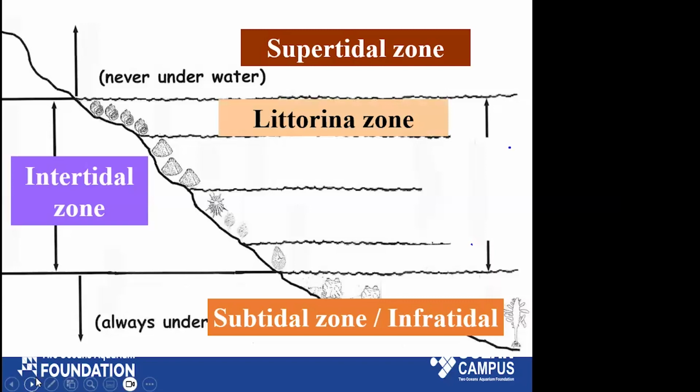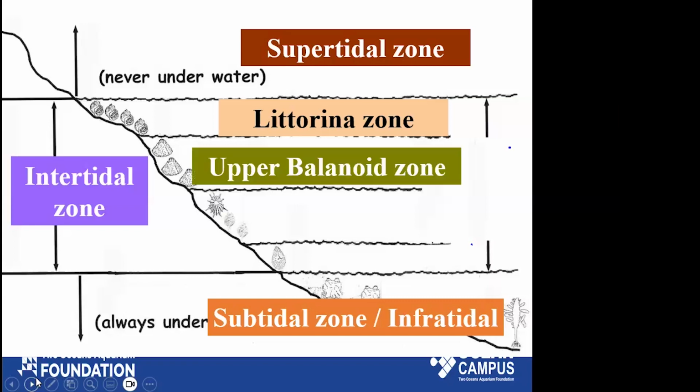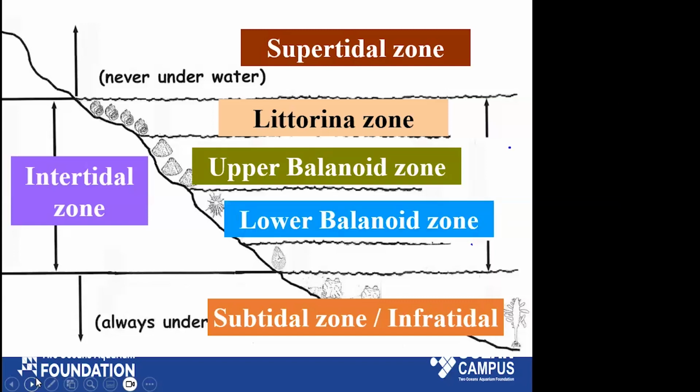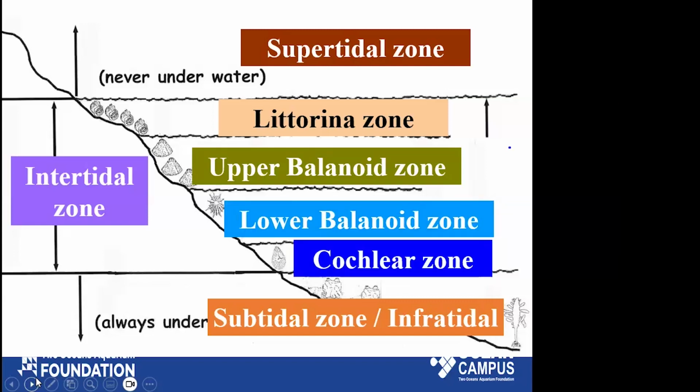And then, as mentioned, within the intertidal zone, we have these specific zones. So zonation is based on the most abundant animal that we find in a particular area. So the first zone is the Littorina zone. Then we have the upper Balanoid zone, lower Balanoid zone, and the Cochlear zone.